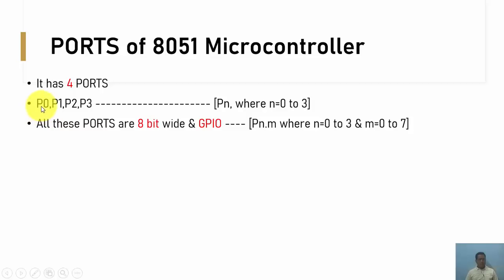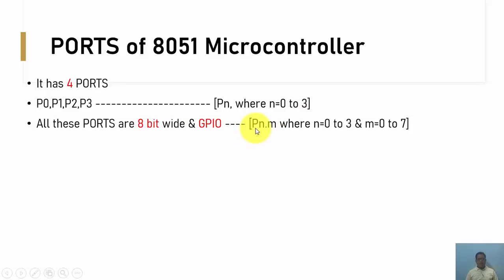At one time port 0 can work as an input, or as per our requirement we can configure it as an output. Each port is 8-bit wide. Port P0 consists of 8 different pins, that is P0.0, P0.1 up to P0.7.